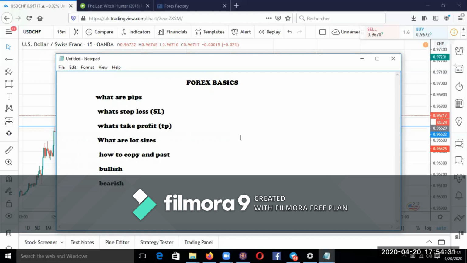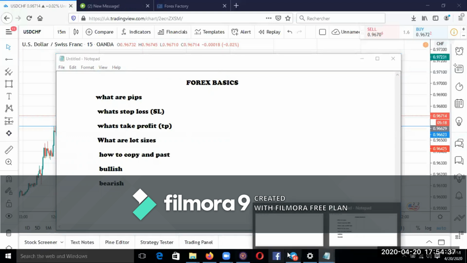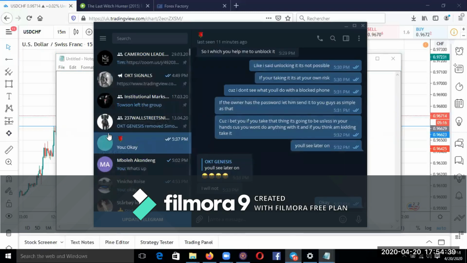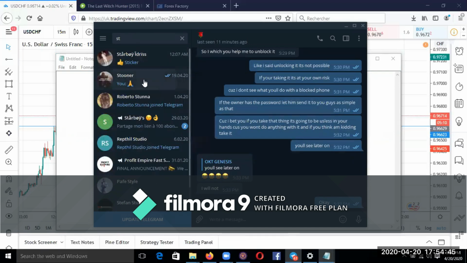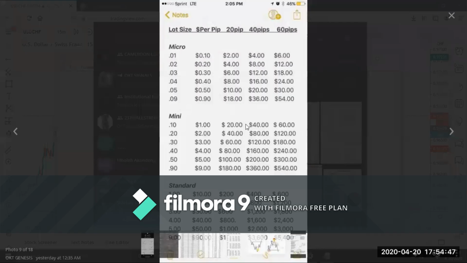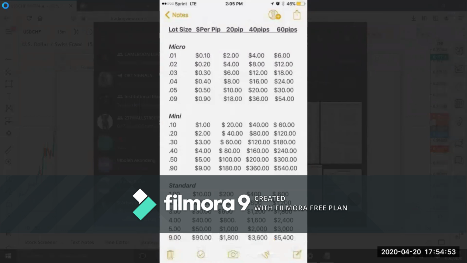Now, lot sizes. I like this one because this is the thing that makes most traders fail a lot. And when I say a lot, I mean a lot. These make traders fail because they follow greed instead of consistency, right?